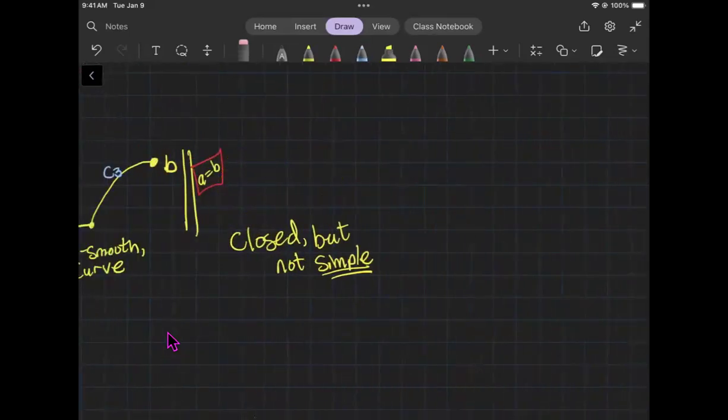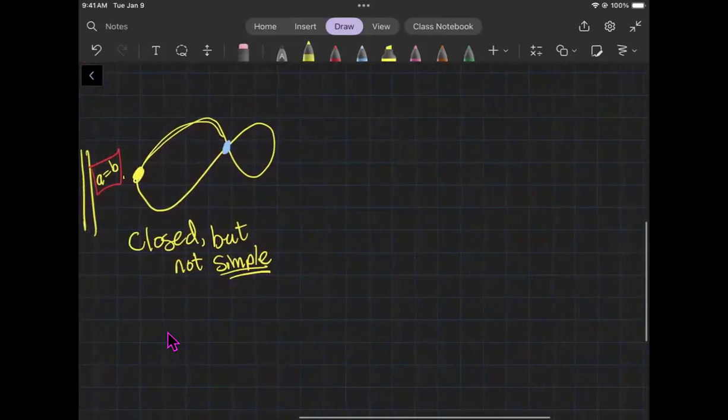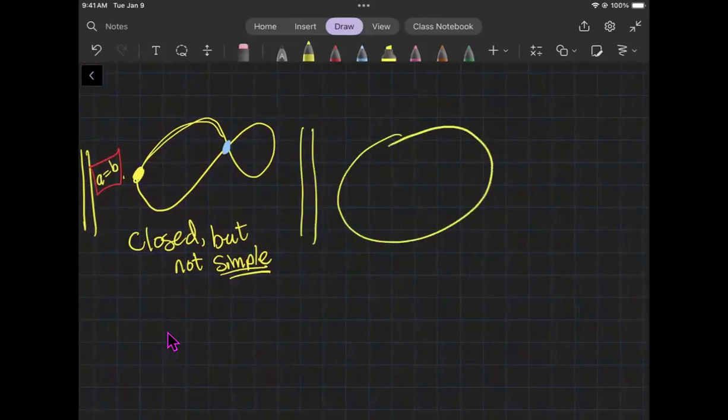Closed means, let me draw that again. Closed means the curve starts and ends at the same point. And then the last curve I want to look at is a curve that may look like this.